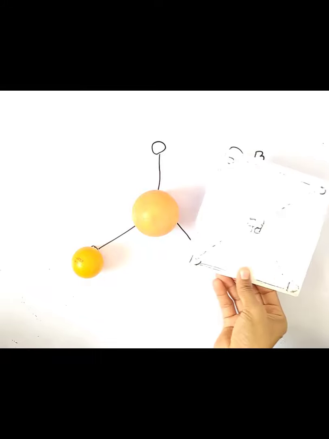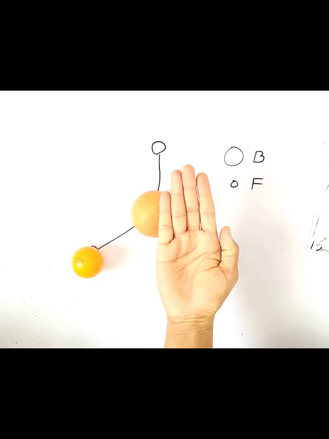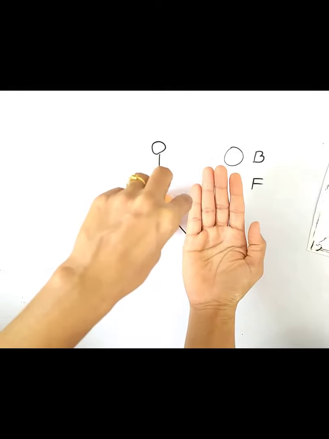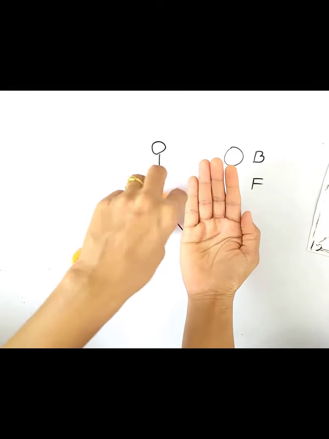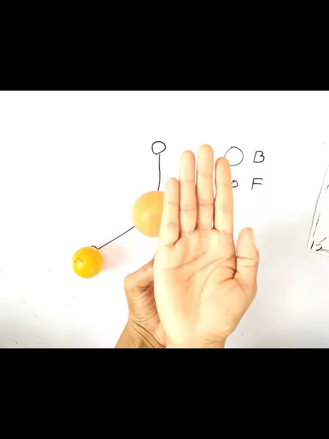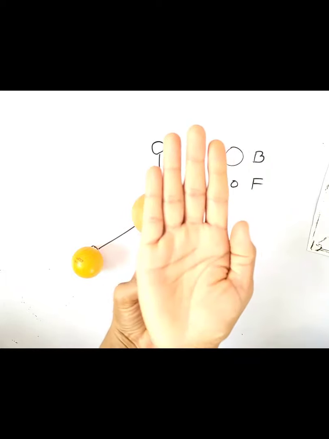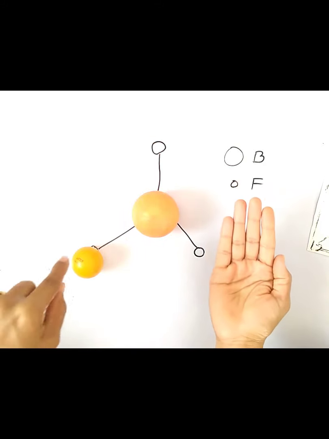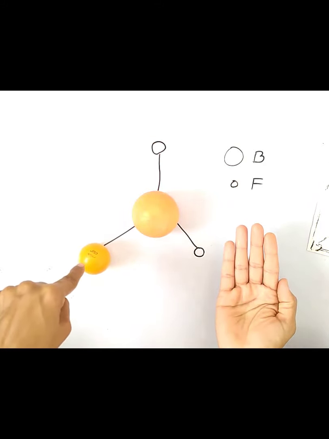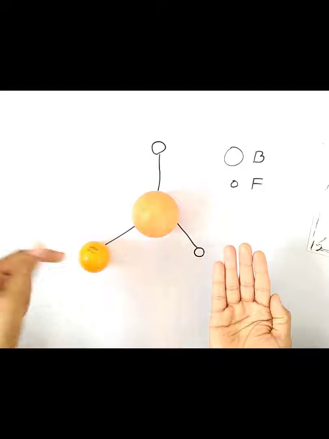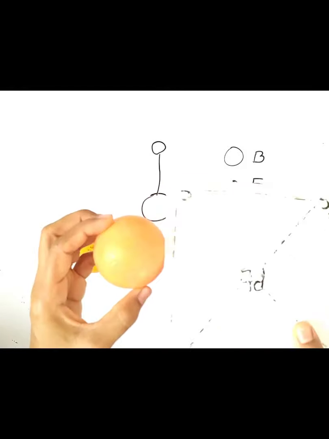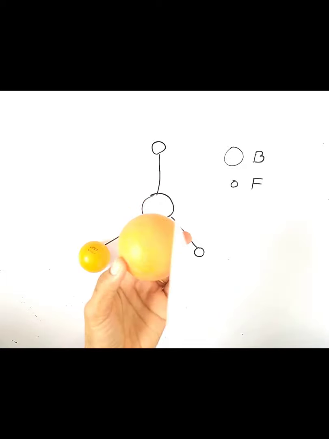Means when you pass the plane like this, half of the boron is above the plane, half of the boron atom is below the plane, means they are having their mirror image on itself. Similarly, half of the portion of this fluorine is above the plane, half of the portion is below the plane. Means you are cutting the atoms like this.